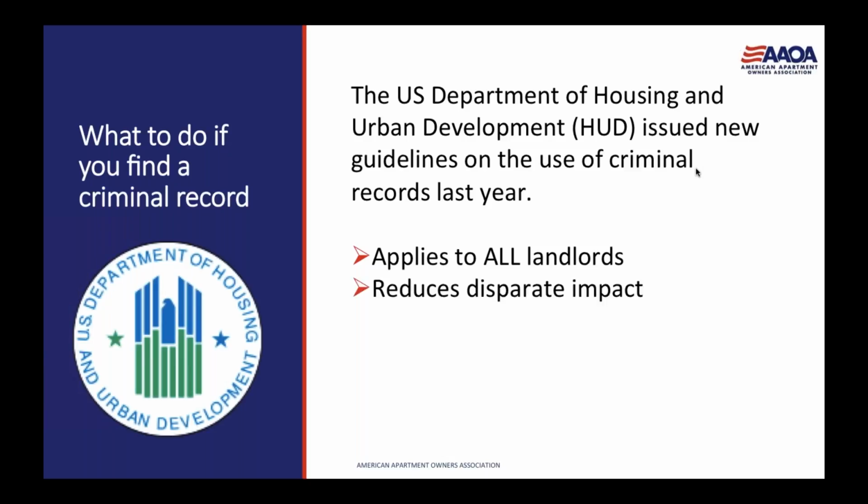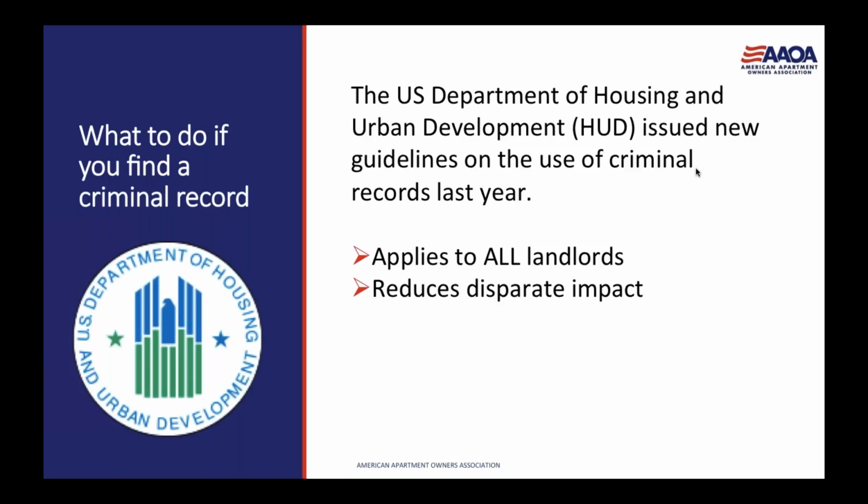Well, they did it to reduce what is known as disparate impact. This means that a landlord can have a completely neutral screening policy, a policy that applies to everyone equally. So you could say no criminal records, but HUD is now saying that that can be discriminatory because you're using results that have a disproportionate impact on members of a protected class.